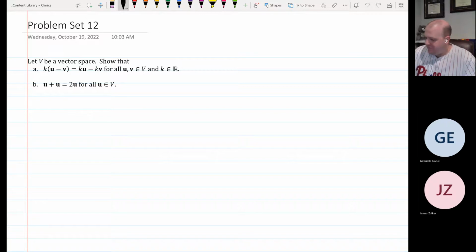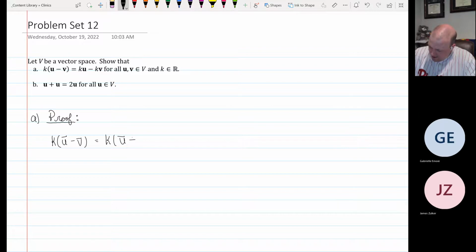All right. So proving part A. We start with K times (U minus V). Well, by definition, this would be K times (U plus negative 1 times V).